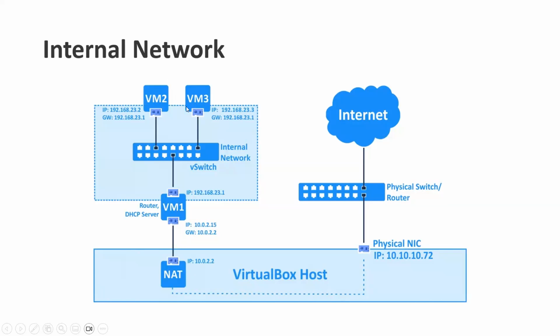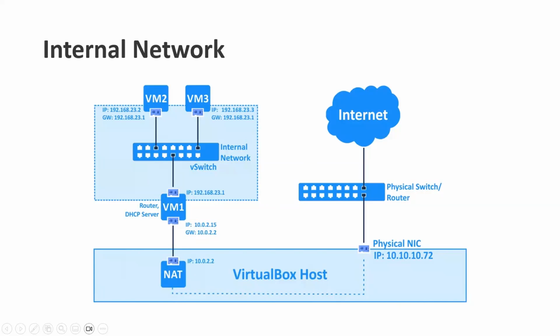So these two VMs can ping each other. Your VM1 actually has an IP address of 192.168.23.1 and the gateway is 10.0.2.2, which is NATed, and then you will be able to reach your physical interface.